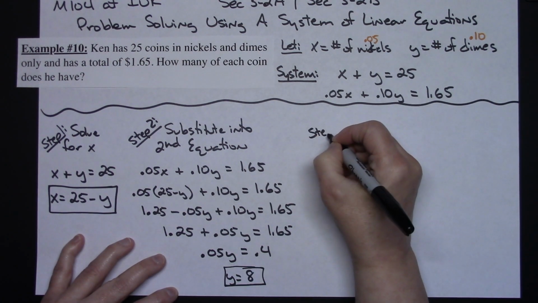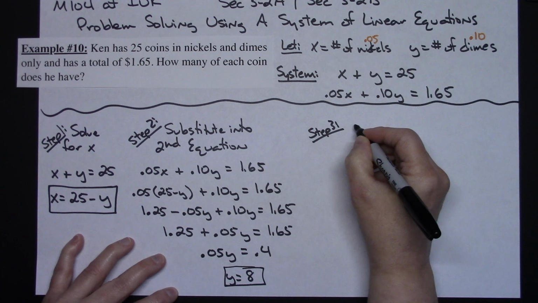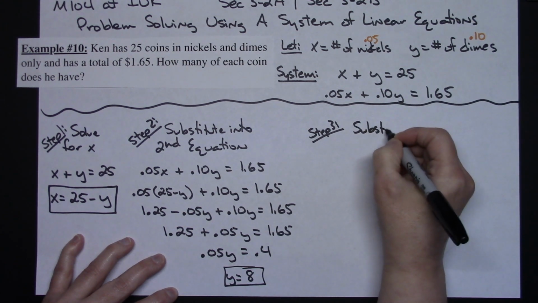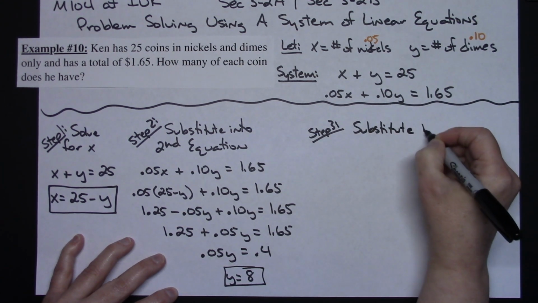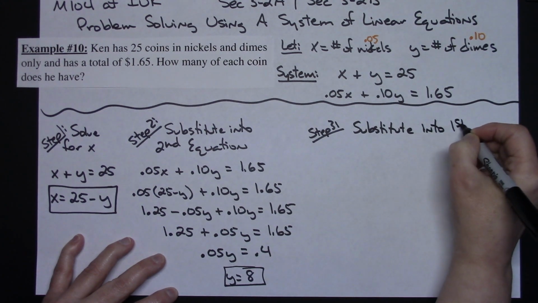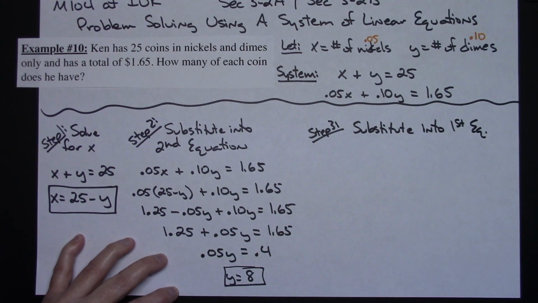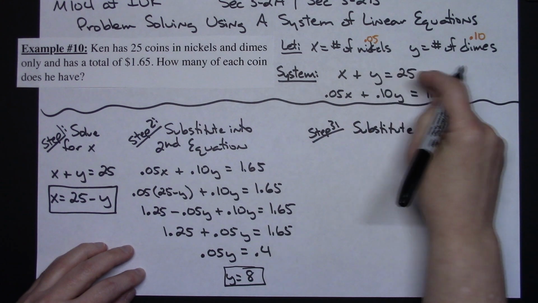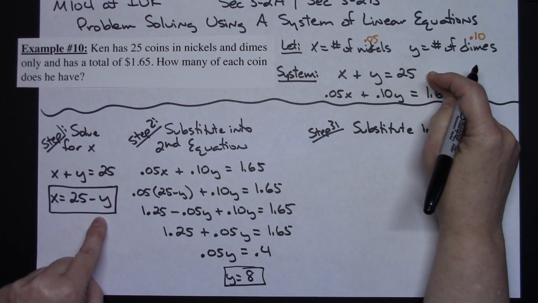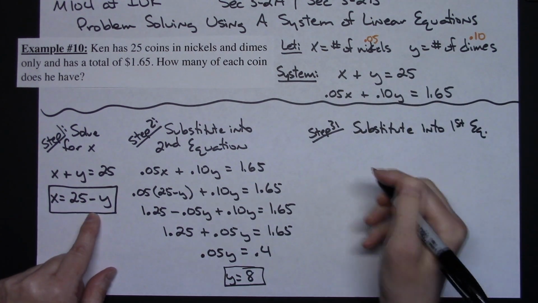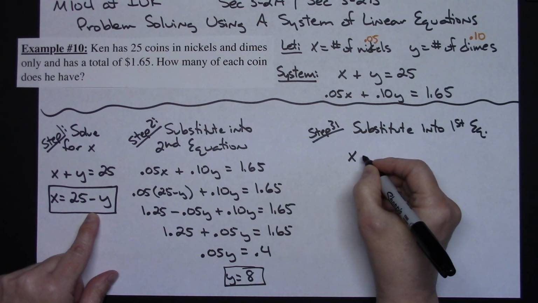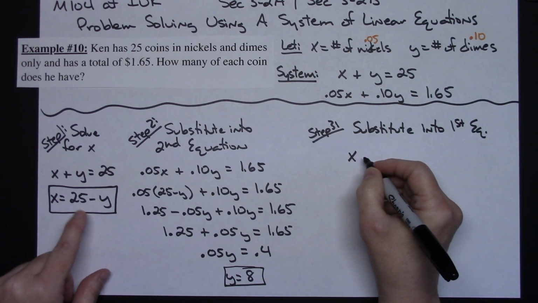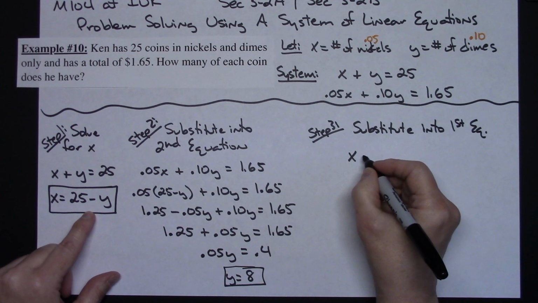Alright, so step 3, substitute into first equation. Abbreviate since I'm running out of room there. Now again, that first equation, I've already solved for x over here, so I might as well just go ahead and use this since I want to find x.